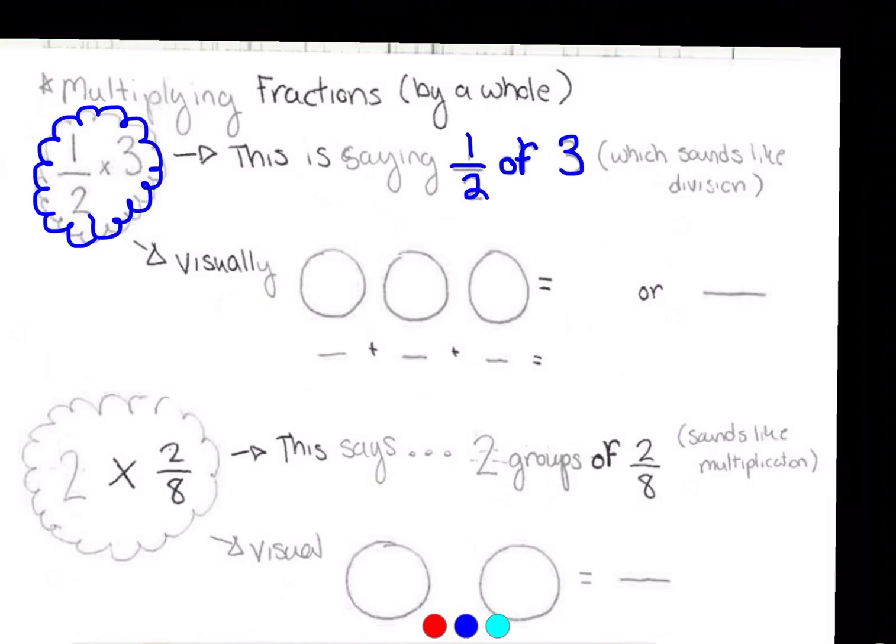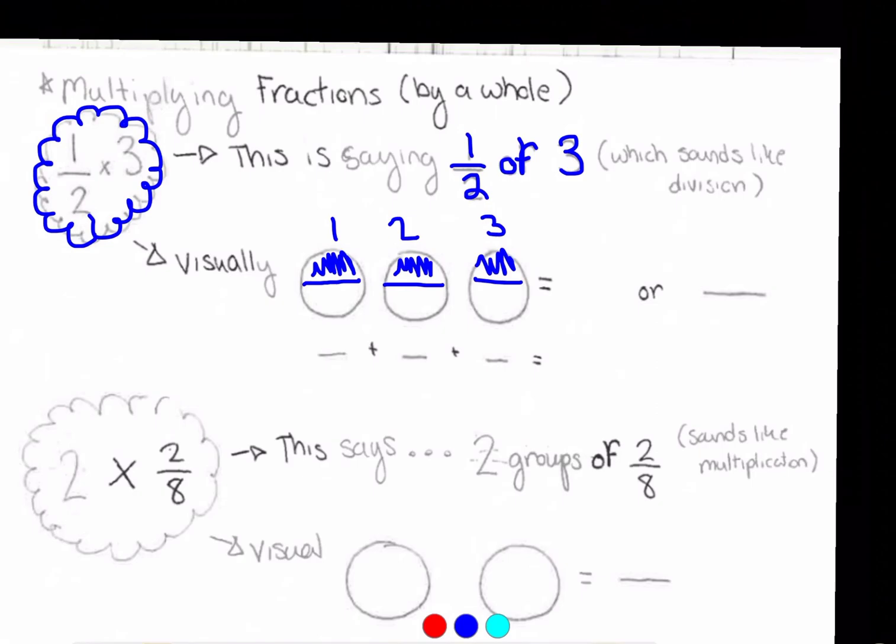So I have 3 pizzas, and I'm going to eat half of it. So imagine my 3, 1, 2, 3. I ordered 3 pizzas, and how much am I eating? I'm eating half of those. They're all broken into 2, and I'm going to eat half. 1/2, 1/2, 1/2.